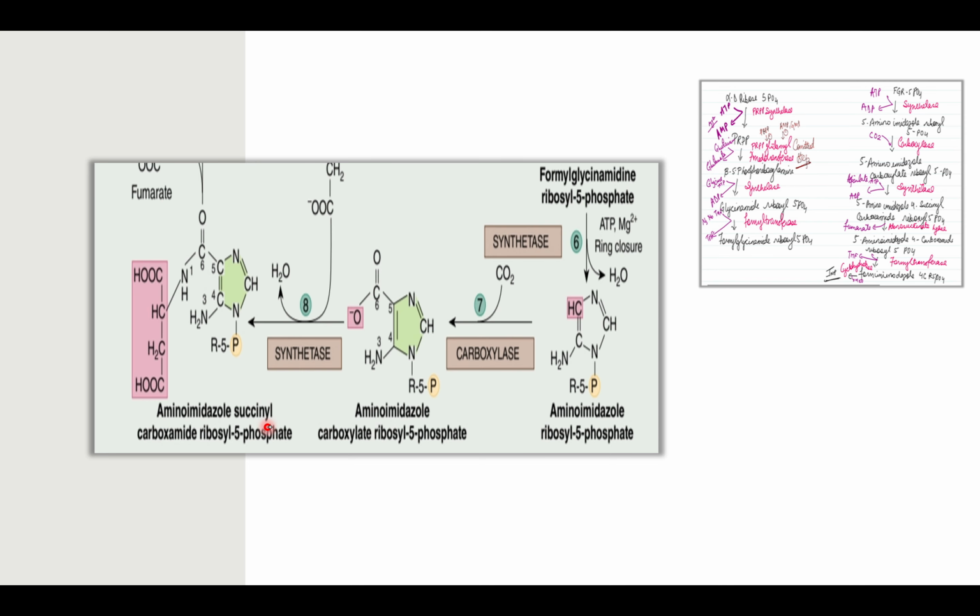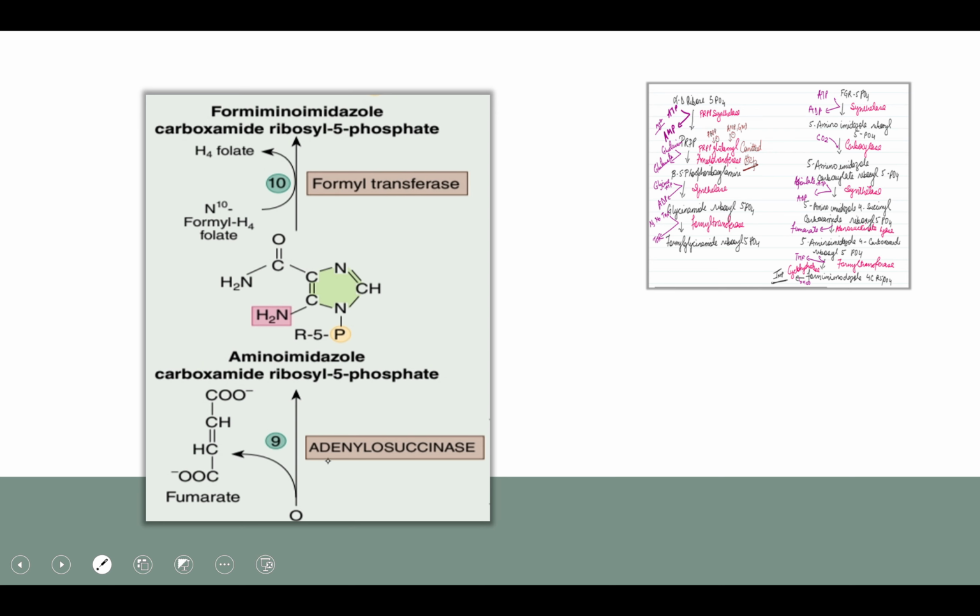This amino imidazole succinyl carboxamide ribosyl 5-phosphate is acted upon by the enzyme adenylosuccinase, or adenylosuccinate lyase, releasing one molecule of fumarate to form amino imidazole carboxamide ribosyl 5-phosphate.